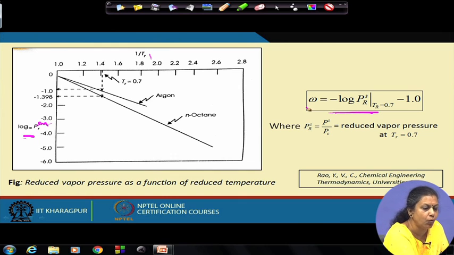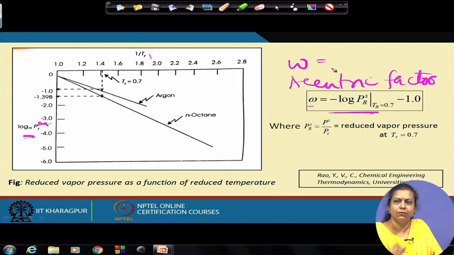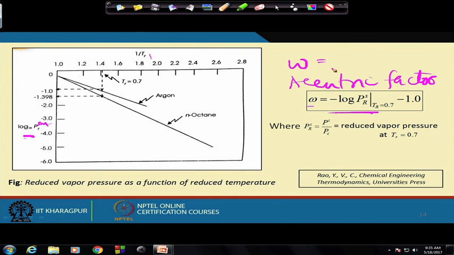So they took up omega, which is known as the eccentric factor, and this gives you the deviation of the intermolecular potential of any molecule from that of a simple gas with spherical molecules.